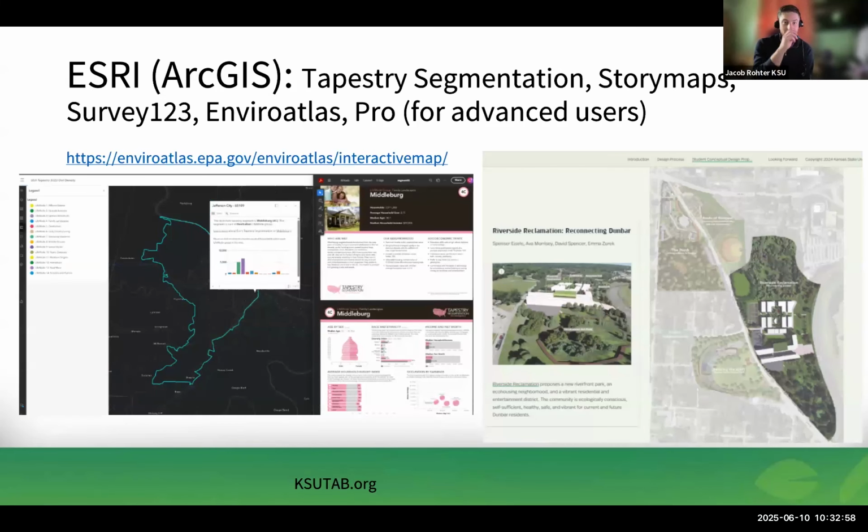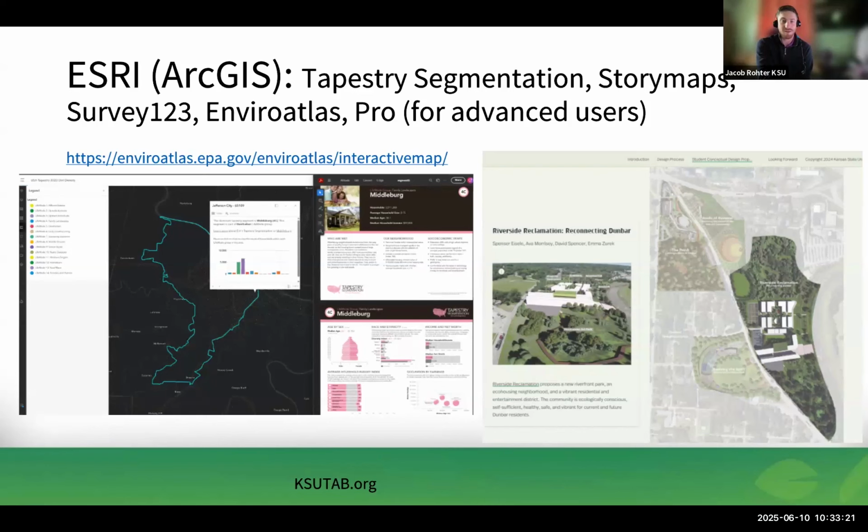And again, if you've never used Esri or heard of it, this is definitely a suite of tools to at least know the name of and be aware of. They are definitely moving at light speed, and they just have the largest suite of tools. Some of the favorite ones that we use are tapestry segmentation, which is a way of doing market studies on areas. Things like story maps for sharing information about sites.